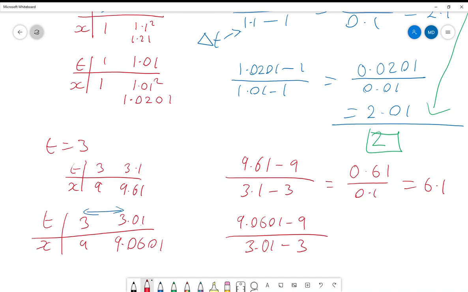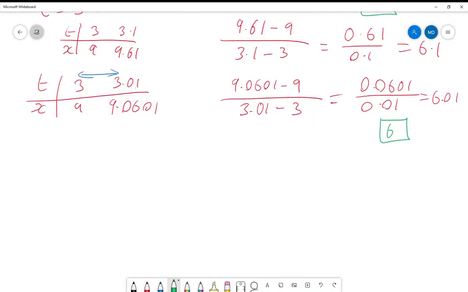That's going to give us 0.0601, divided by 0.01, and that is 6.01. And again, in this case, it was looking like it's heading towards 6, and it is. Our velocity at the point when time equals 3 is going to be 6.